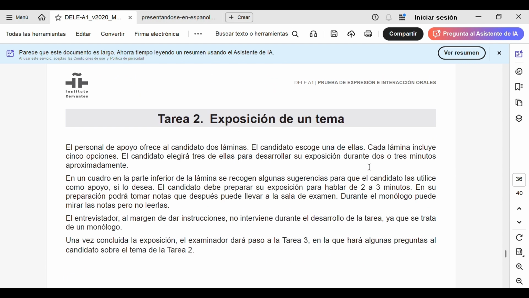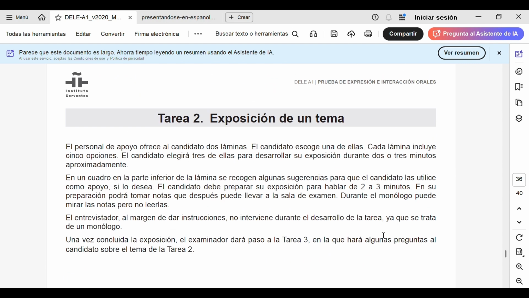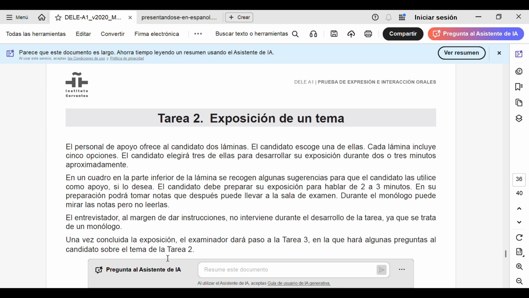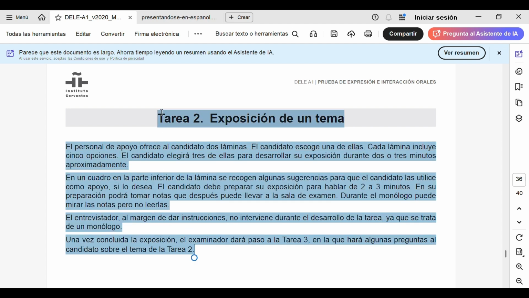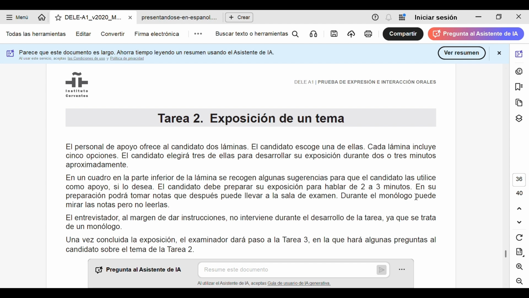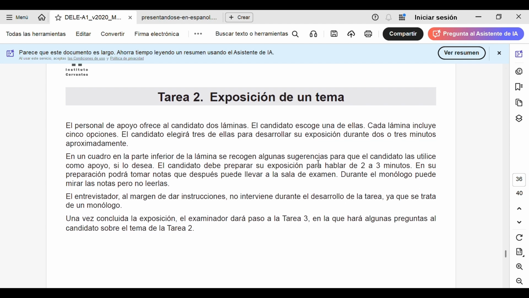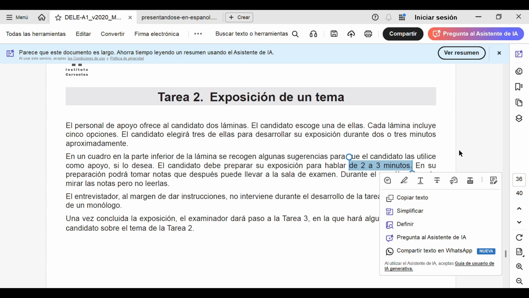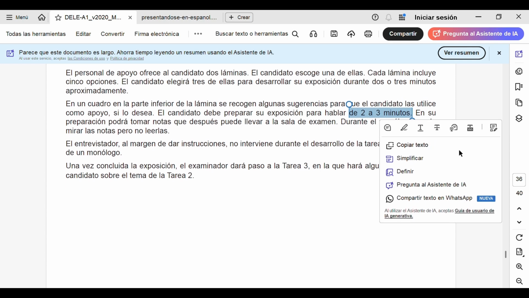So here I am making a pause so you can again read, please, in español, all of these explanations so you are ready for that. You understand it, very good. Okay, so what it says is that you have to talk during 2 a 3 minutos, and this is very similar to what we did in class for the summative.